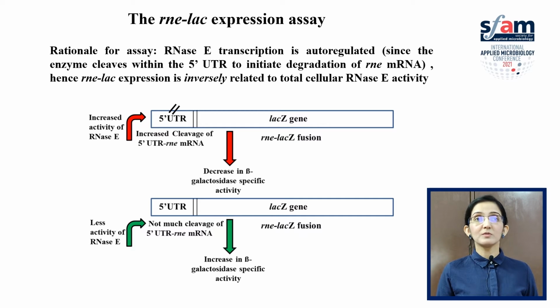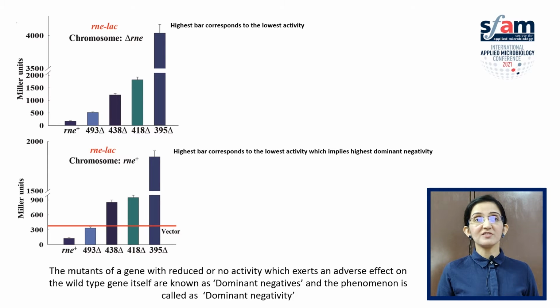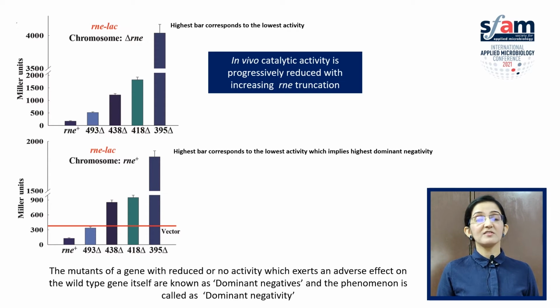The result of the chromosomally deleted rnz-lac strain carrying truncation variants on a single copy number plasmid to confer viability shows that the in vivo catalytic activity is progressively reduced with increasing length of RNase Z truncation.